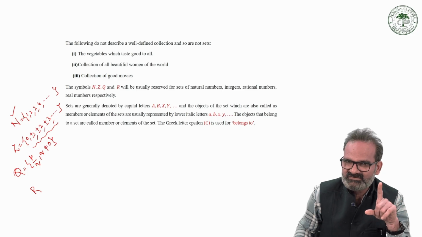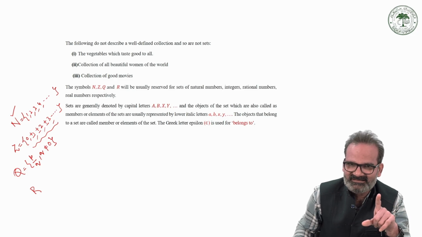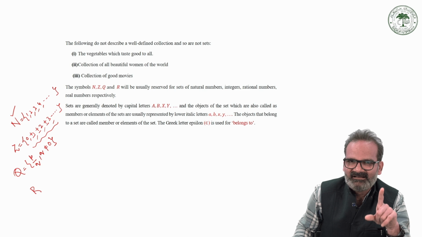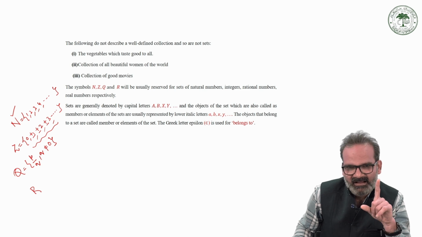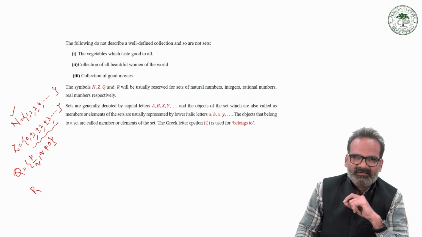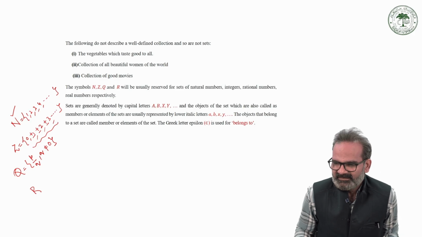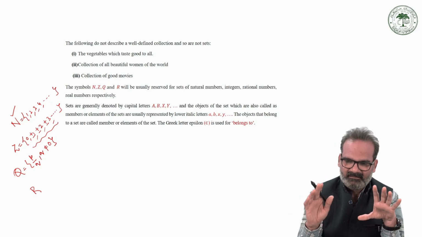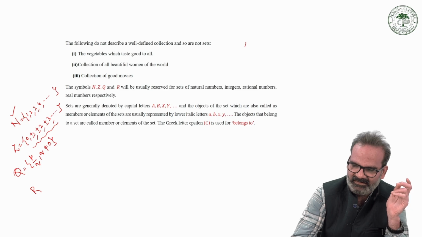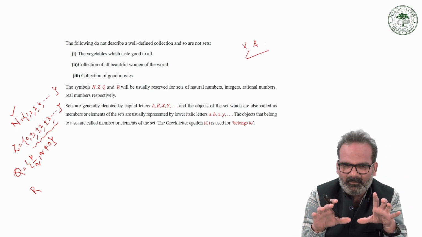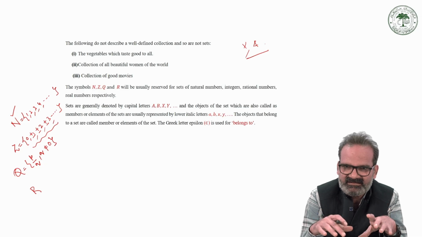That is why we use the words set of natural numbers, set of integers, set of rational numbers, and set of real numbers. Sets are generally denoted by capital letters, right? You can take X, you can take A, of your own choice. Any capital alphabet can represent a set.